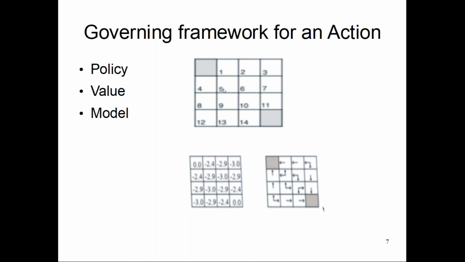So now the state transition probability, which is the P, the alphabet P we are using, 5 to 6 and 5 to 9, works out here. But moving from one state to the other, there is some action involved. That action is dependent on the environment.